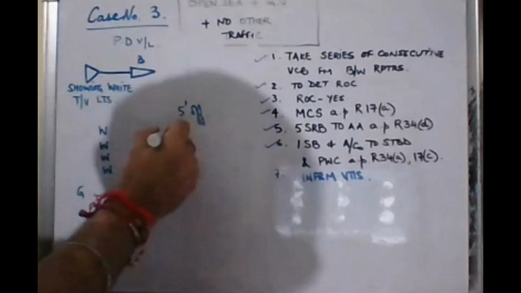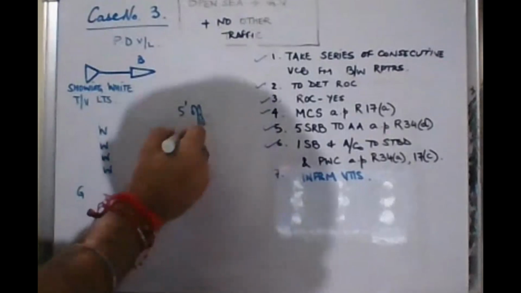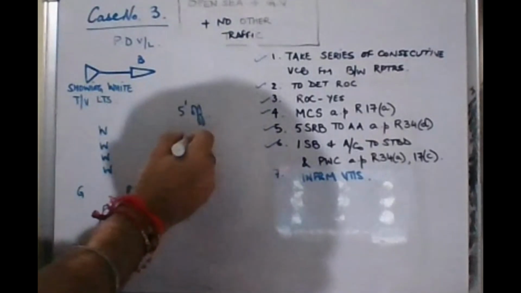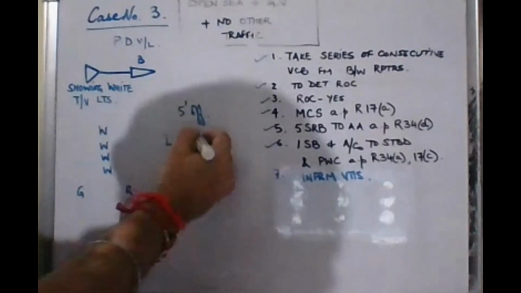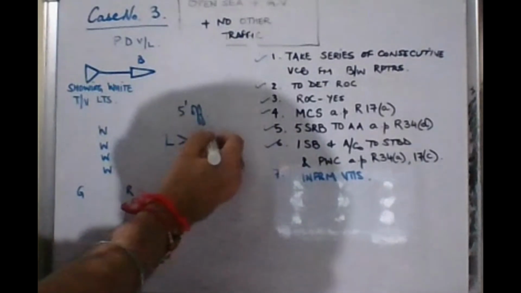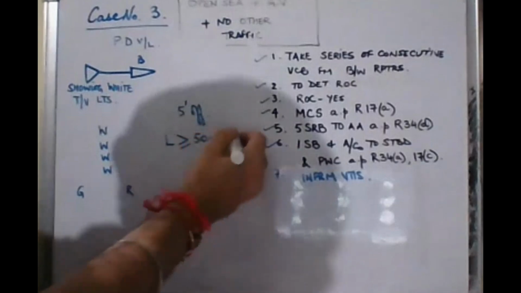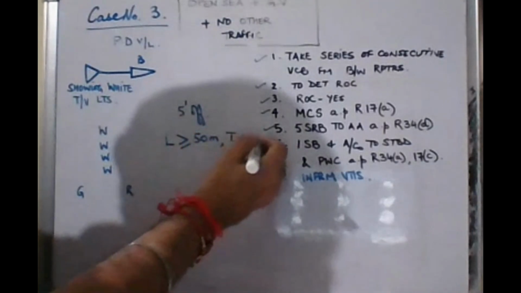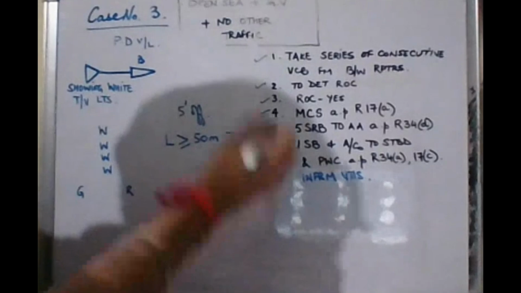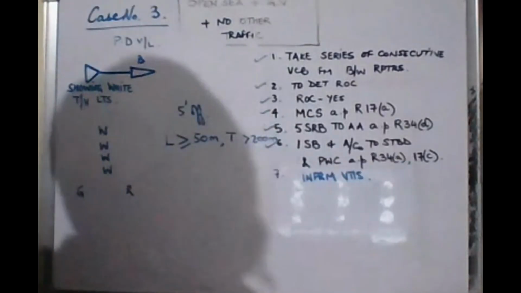The vessel length more than 50 meters and tow length more than 200 meters. Her length is probably 50 meters or more. Tow length more than 200 meters, as seen from right ahead. Is that okay? Yes, sir.